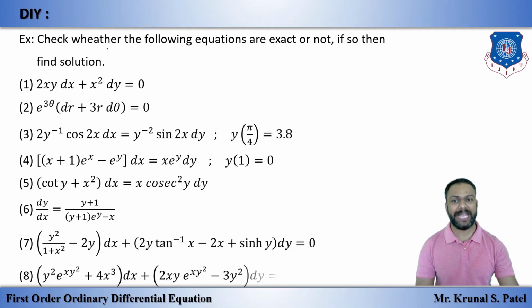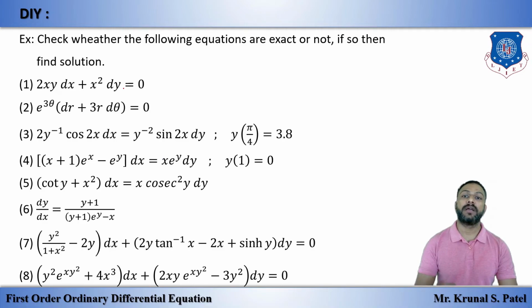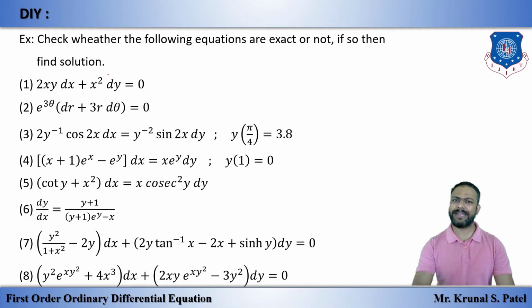And these are the 5 examples in which you just have to first check whether the given differential equation is exact or not. If it is exact, then find the solution. If it is not exact, then leave it. Just write down that the given differential equation is not exact.